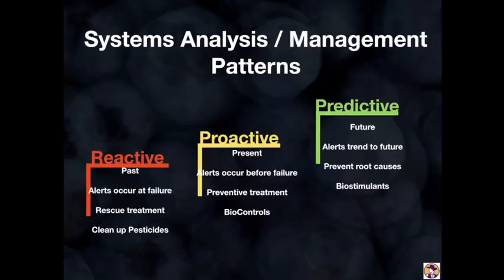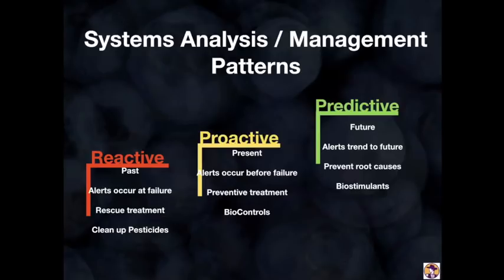If we start moving into proactive management and predictive management, where we're trying to identify and address the root causes of problems, that is where biostimulants produce the greatest crop response and where they're the most valuable. So this is an important thought process.